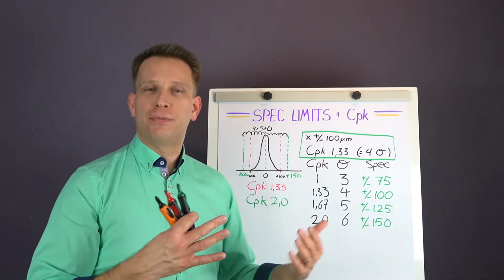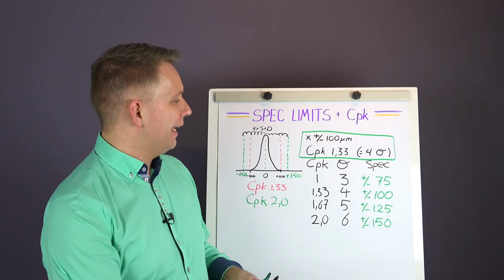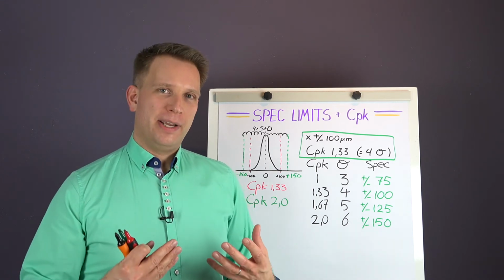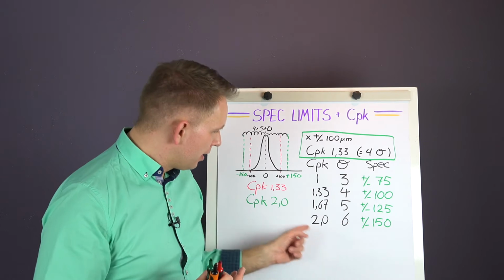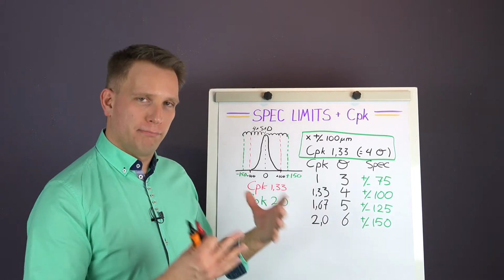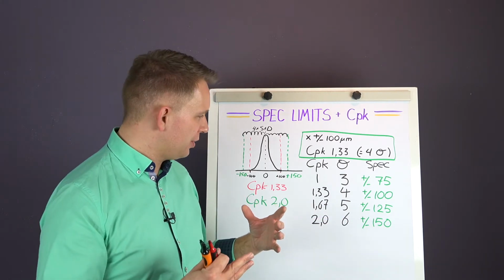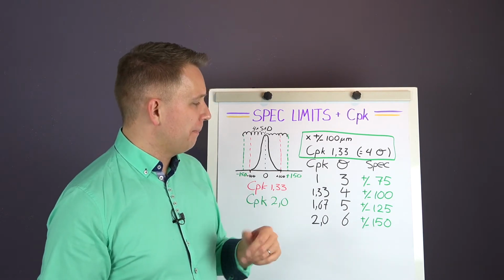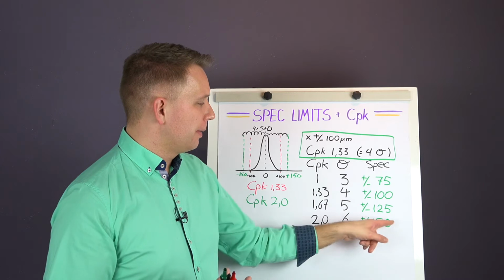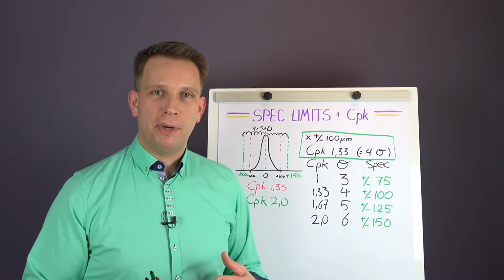Judging different suppliers, we see that with a very high trustability, so with a very high reliability on being within those specifications, they can supply us with parts that have a variation in tolerance of plus or minus 150 micrometers.